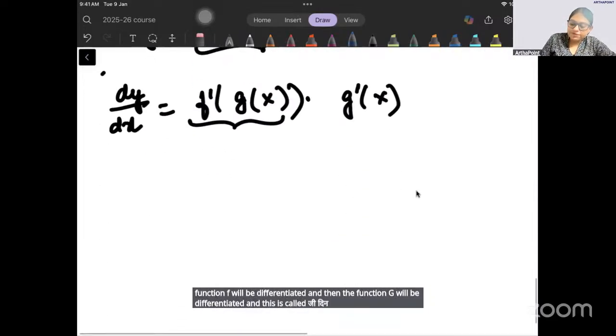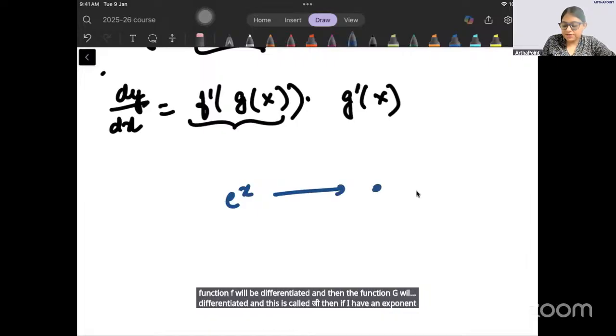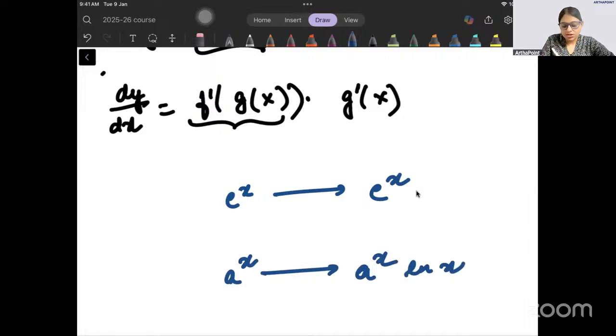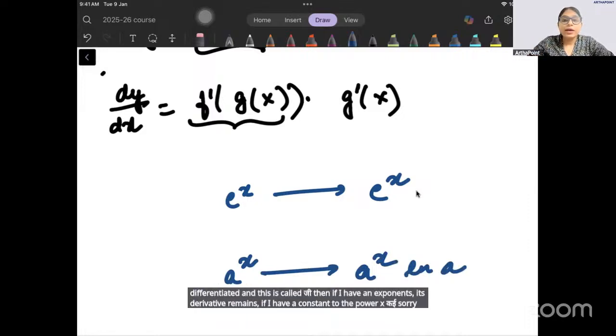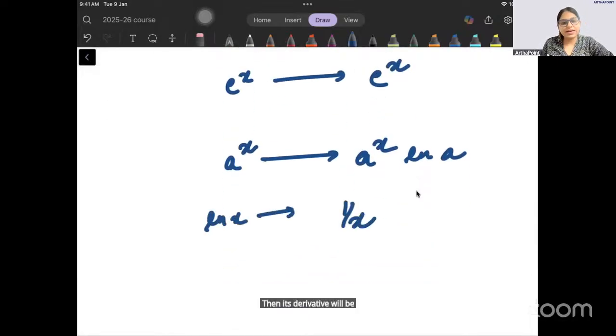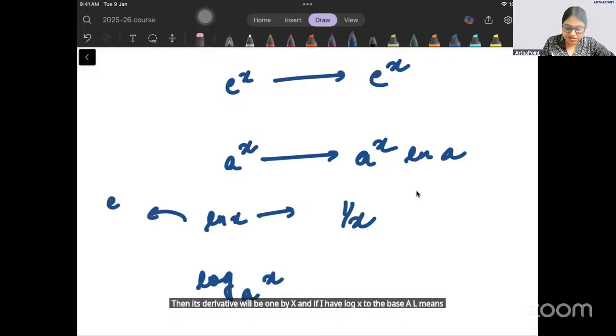Then if I have an exponent, e to the power x, its derivative remains as it is. If I have a constant a to the power x, then its derivative will be a to the power x ln a. If I have ln x, then its derivative will be 1 by x. ln means its base is e.